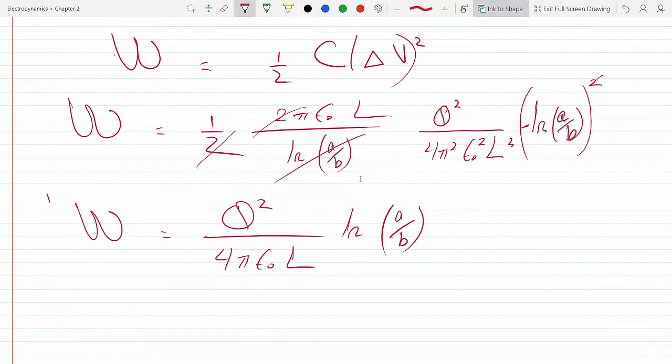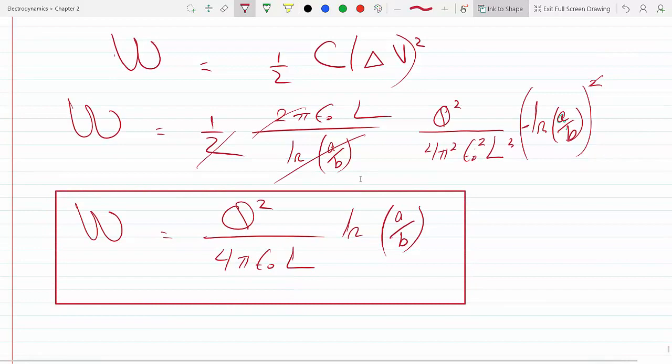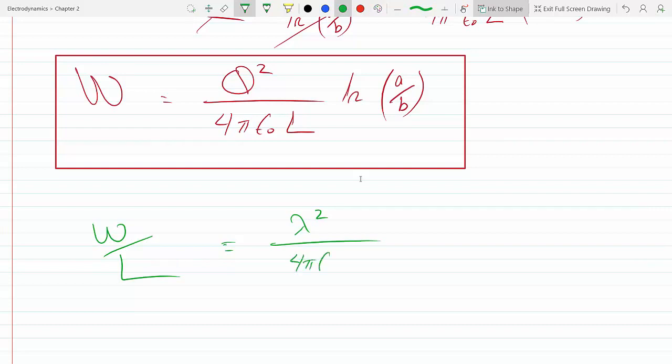So this confirms that you have the right answer. If you want to find this per unit length, you could divide by L, and Q squared over L squared would just be lambda squared. So you get lambda squared over 4 pi epsilon ln a over b.